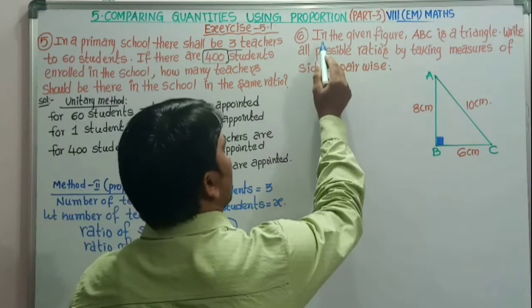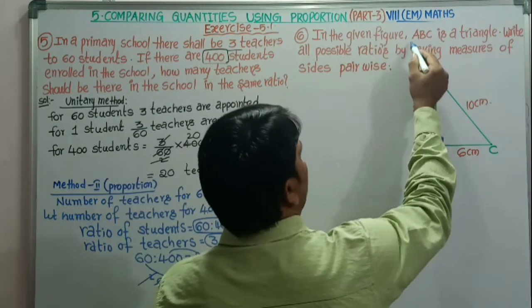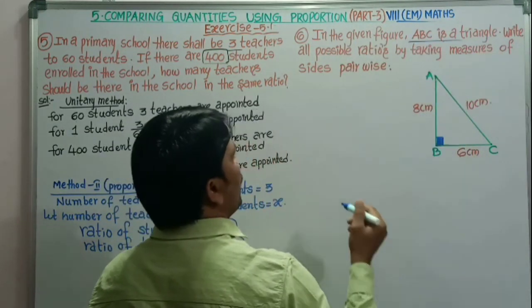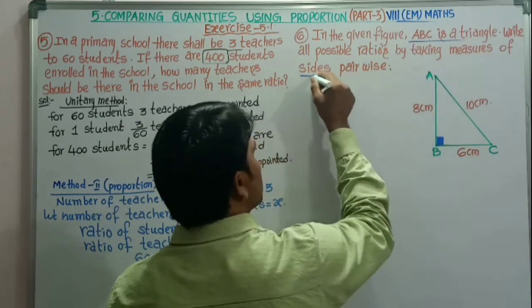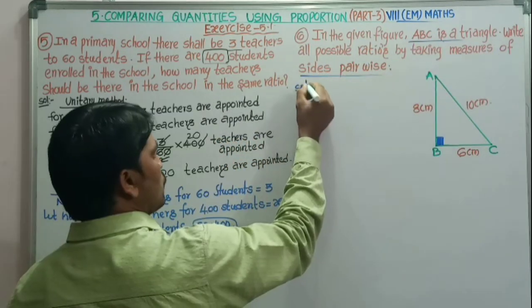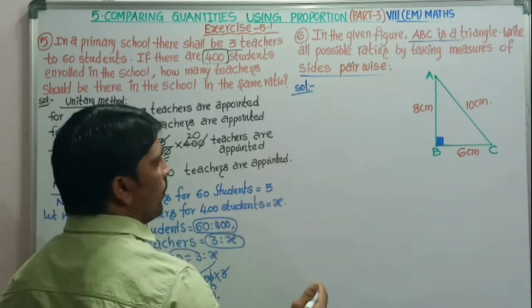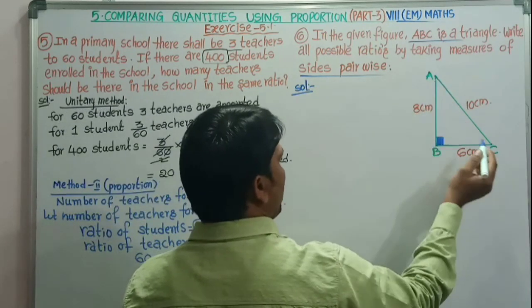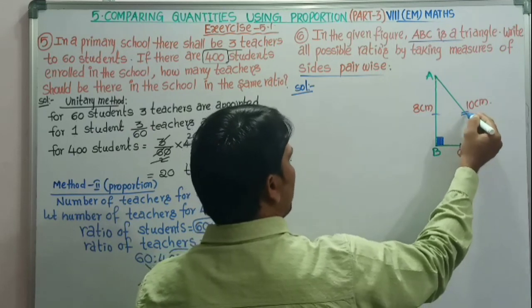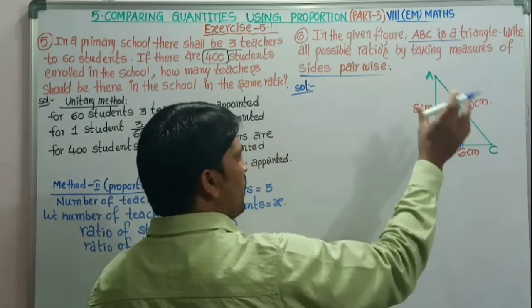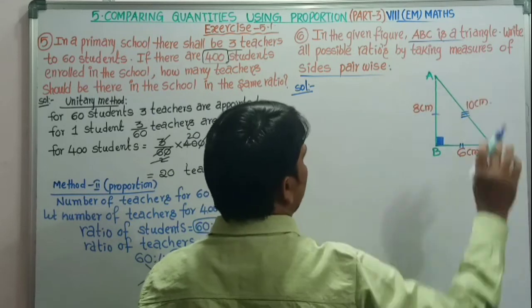Next question. In the given figure, ABC is a triangle. Write all possible ratios by taking measures of sides pairwise. Solution. For triangle ABC, we have 3 sides, that is AB, BC, CA.